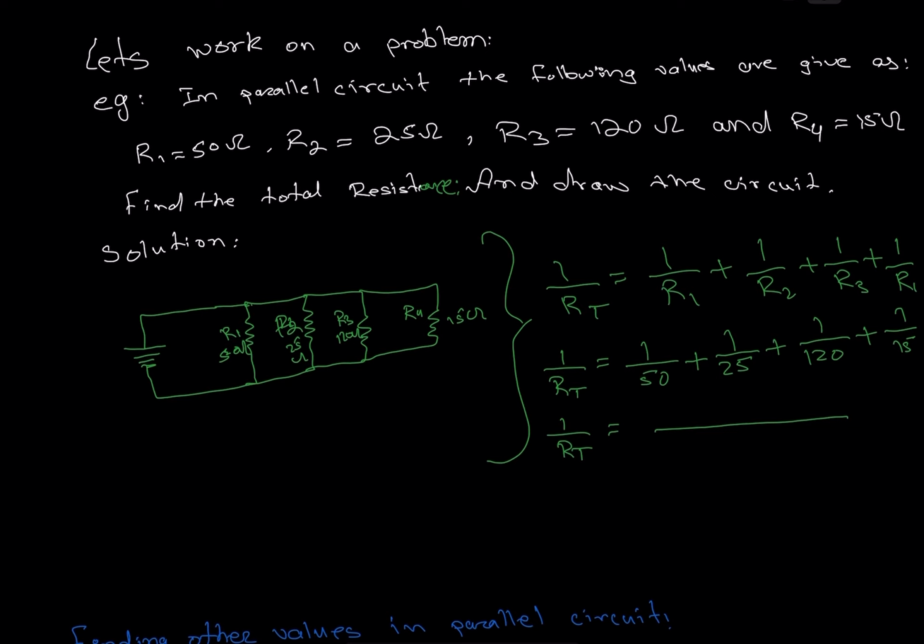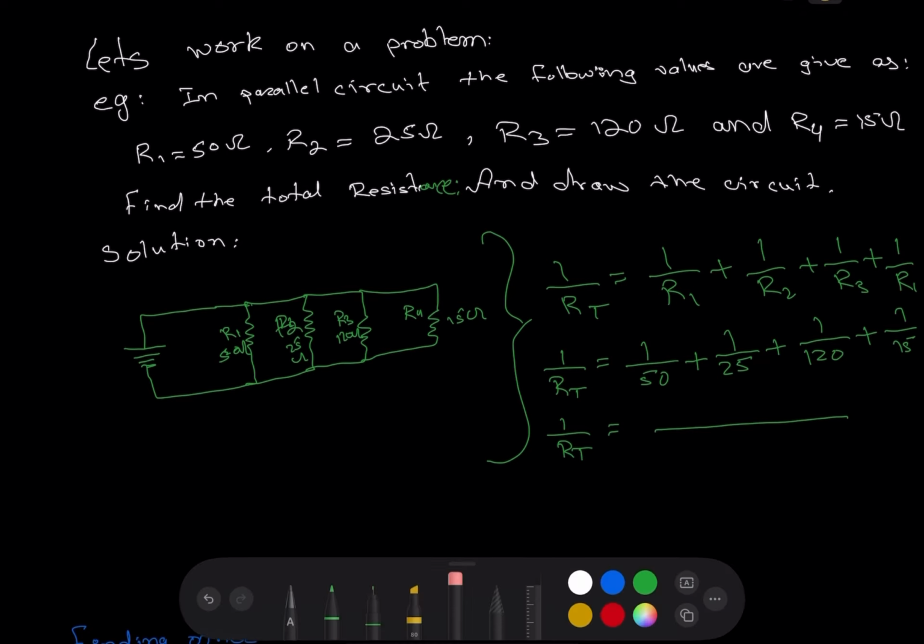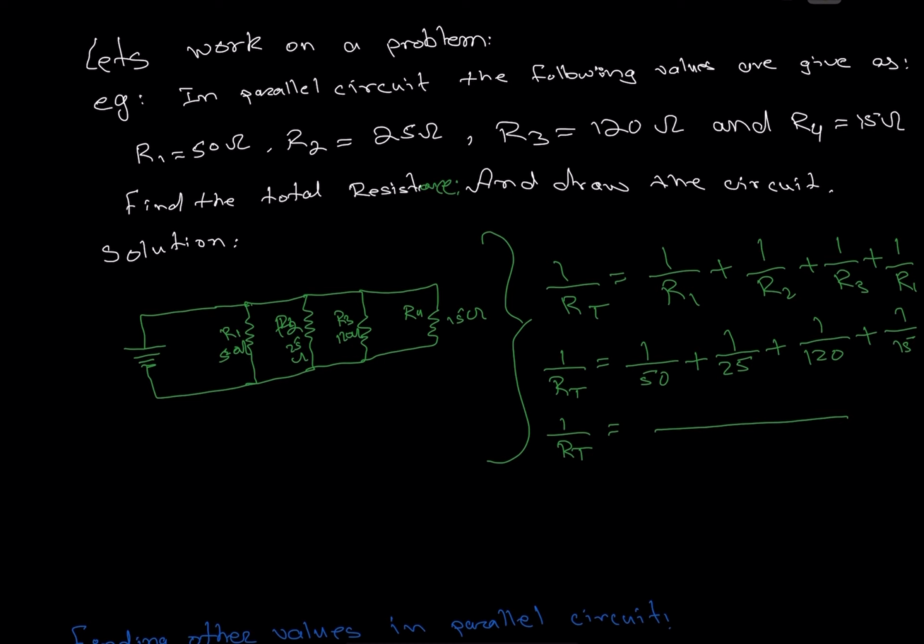I believe 120 is not enough. To find the LCD, you have to find the smallest number that can be divided completely by 50, 25, 120, and 15. 120 can be divided by 15, yes, and by 120, which makes sense.